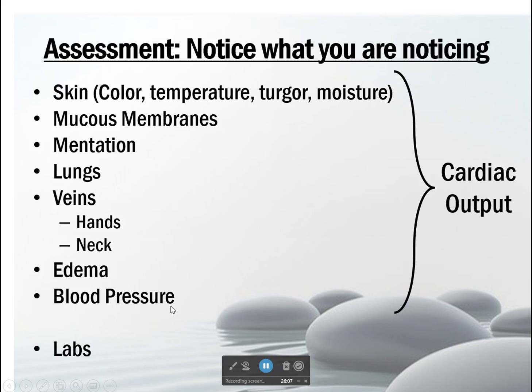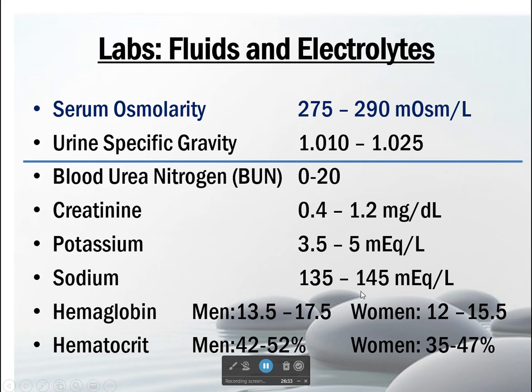How's the body responding with that blood pressure? And then last but not least, lab values. What are the lab values telling you? Labs such as BUN, creatinine, electrolytes. And we'll get into the electrolyte normals in the next section, the next unit. But those are all indicators that point to your overall assessment. They're all part of your assessment.